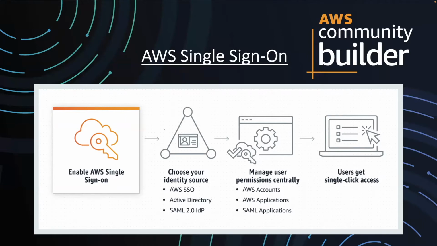Or if you want to change your identity source, you have other options like Active Directory or a SAML 2.0 identity provider. Once you choose the identity source, you just have to manage your permissions centrally for your AWS accounts, AWS applications, or SAML applications. Once everything is set up properly, users can get single-click access with AWS Single Sign-On to any of the AWS resources, based on the access provided or the permission sets.